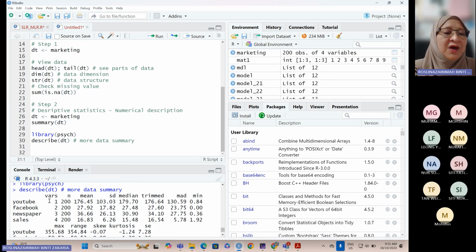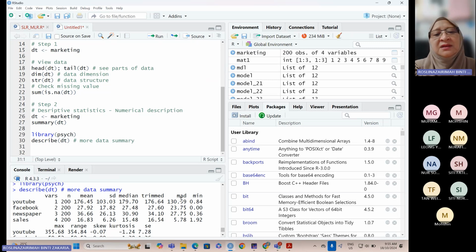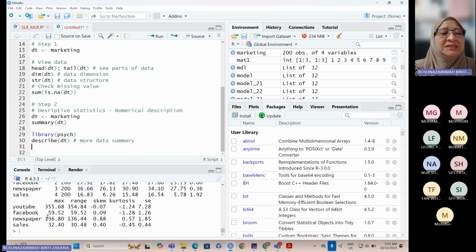You have how many variables you have in the data, and for each variable, how many observations, the mean, the standard deviation, the median, the trimmed mean, the median absolute deviation, the minimum, maximum, range, skewness, and kurtosis.